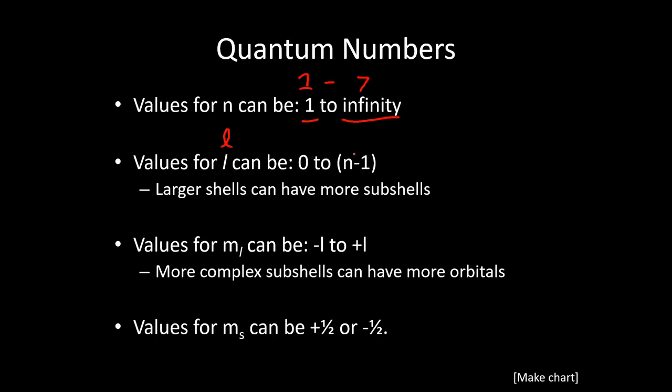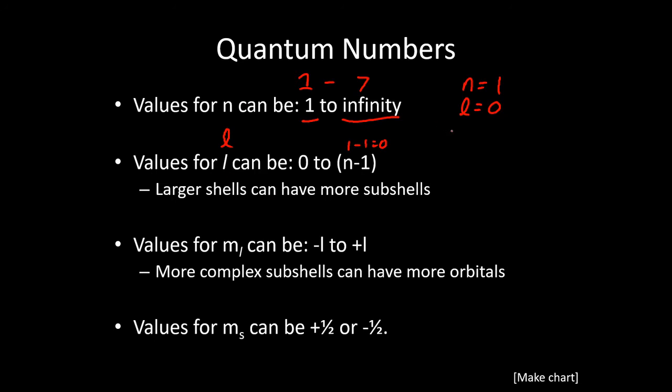So, if, for example, an electron has n equals 1, the value for L for that electron can only be 0, because the values for L can be anything from 0 up to n minus 1. So if this particular electron is in the first principal shell, then n would be 1. 1 minus 1 is 0. And so the only possible value for this particular electron is 0.